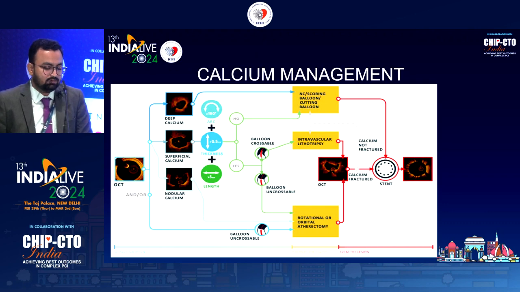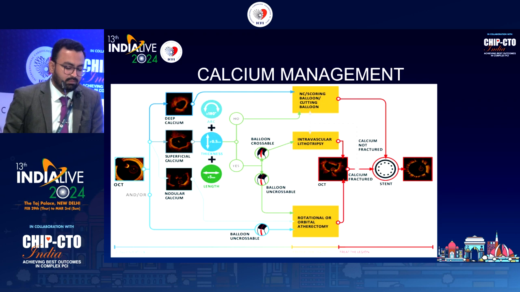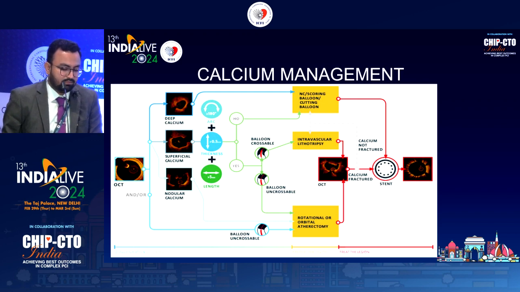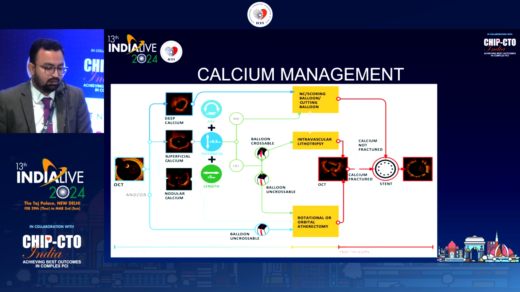And this is the algorithm for calcium management. Pre-PCI, we are supposed to do OCT, and if there is calcium arc greater than 180 degrees, it scores 2 points. Thickness greater than 0.5 mm scores 1 point, and length greater than 5 mm scores 1 point.